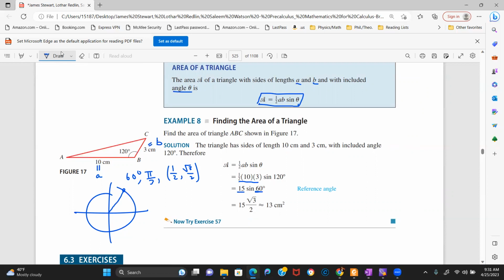But our 120-degree angle means we land over here. The reference angle is 60 degrees. So we need the y coordinate with an appropriate sign, but the y coordinate in the second quadrant is positive, so we don't even need to worry about that. It's just going to be sine of 60. There's no negative because the y coordinate is positive. And then sine of 60 is root 3 over 2, times 15. So that's that. All right, I'm going to stop for a second and then I'll resume in a bit.